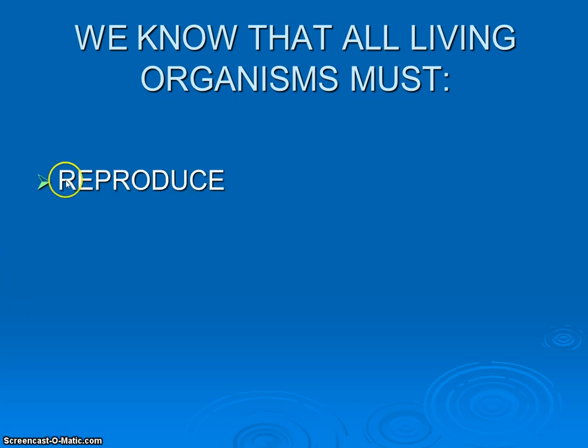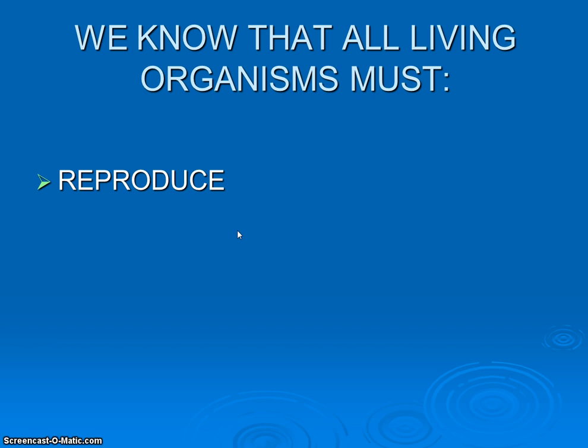The first one, reproduce, is kind of self-explanatory. If you want to be alive, you've got to make more of your species of organism. Now you can do that asexually with one organism, or what we're going to care about more in this unit, sexually. 2 organisms combining together in some way to create new offspring that actually are going to be just like, or very much like, the original parents.